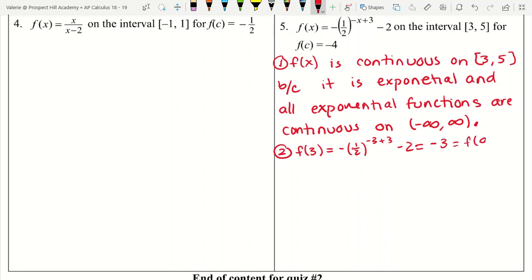And that's my f of a. And then my f of b will be f of 5, which is equal to -1/2 to the -5 plus 3 minus 2, which is going to give us -6.